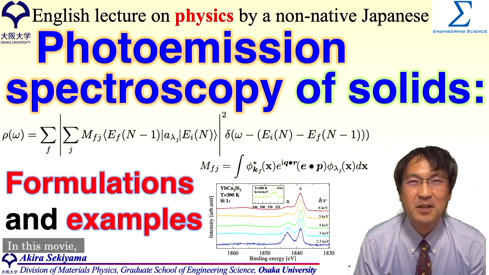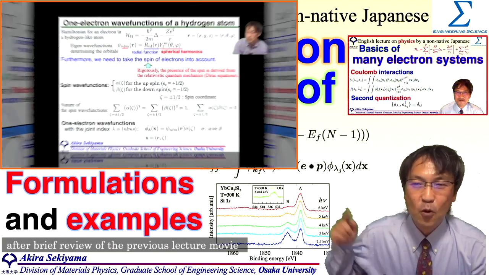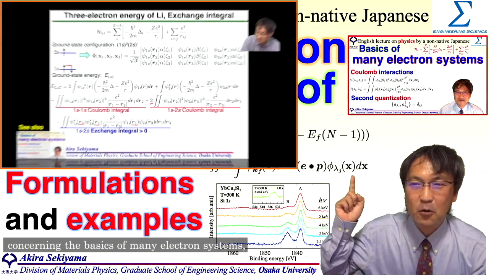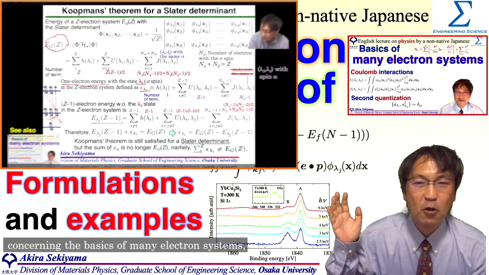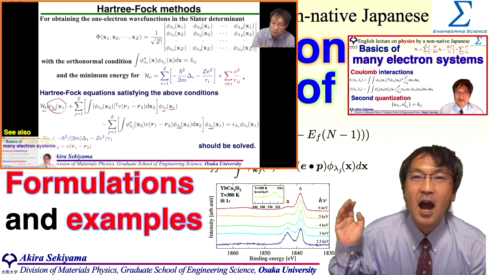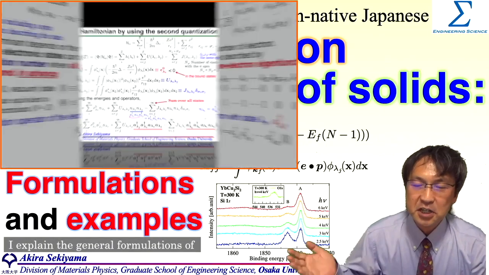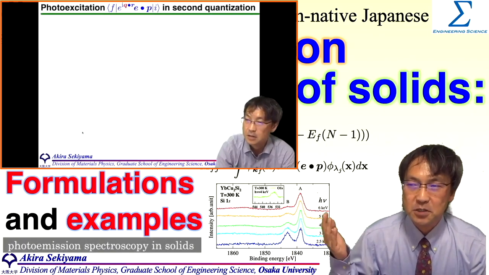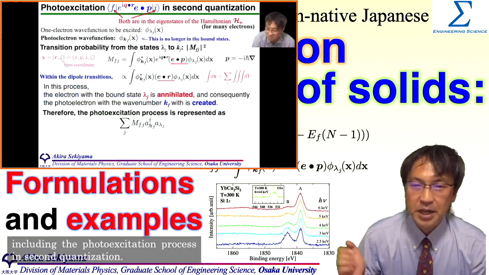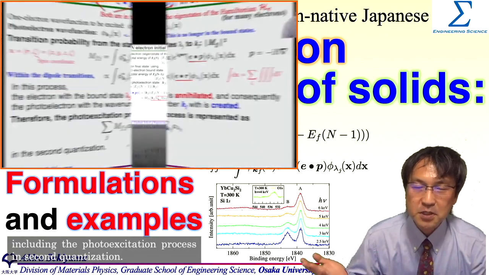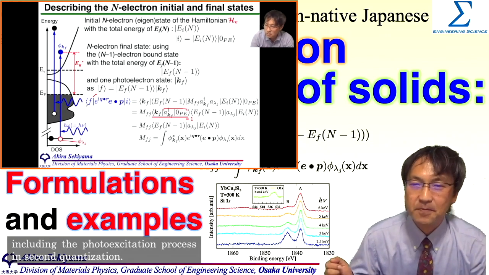In this movie, after a brief review of the previous lecture movie concerning the basics of many-electron systems, I explained the general formulation of photoemission spectroscopy in solid, including the photoexcitation process in second quantization.